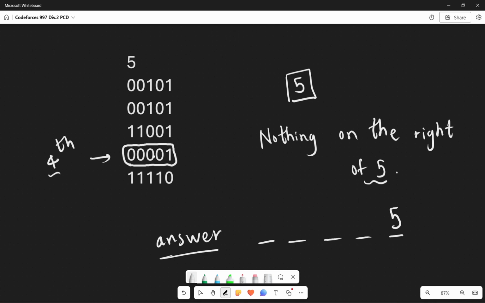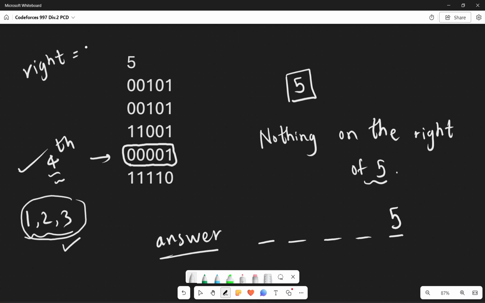Taking a look at the first, second and third columns, if the value is 0, for values less than 4, which are 1, 2, 3, it means there doesn't exist an edge between these values and 4, so they are all to the right of 4. So to the right of 4, there are three elements.